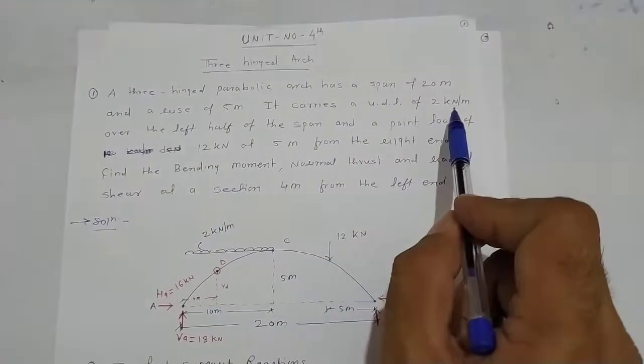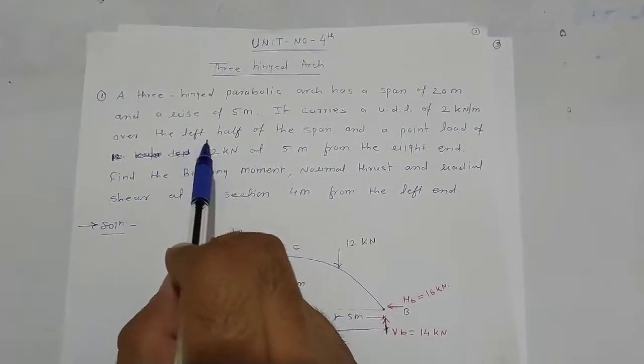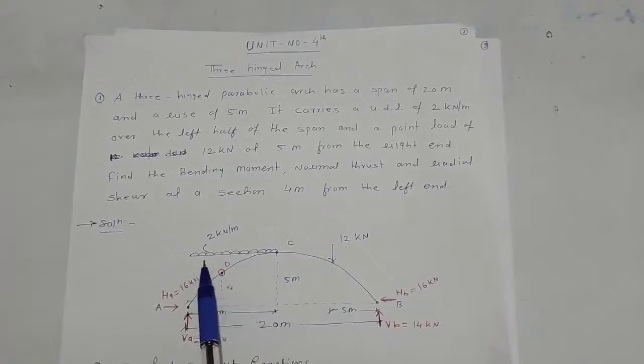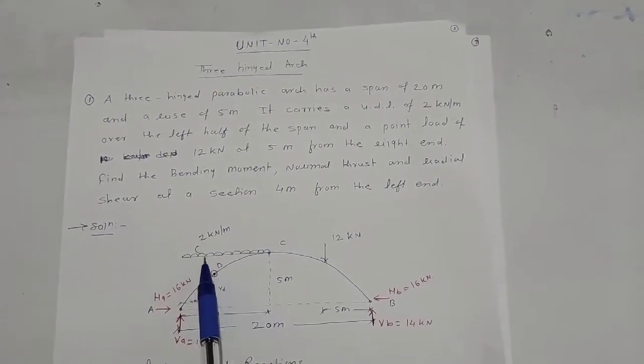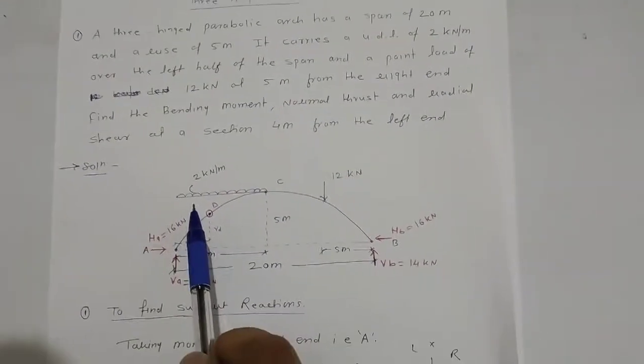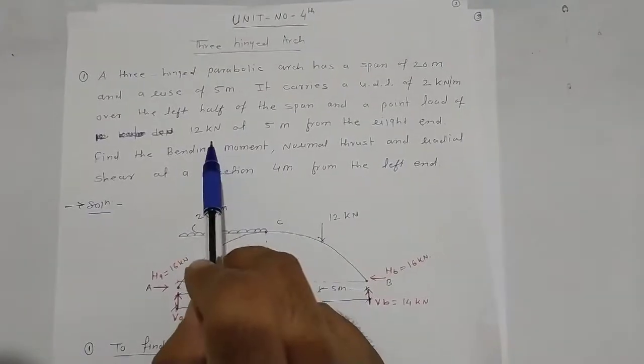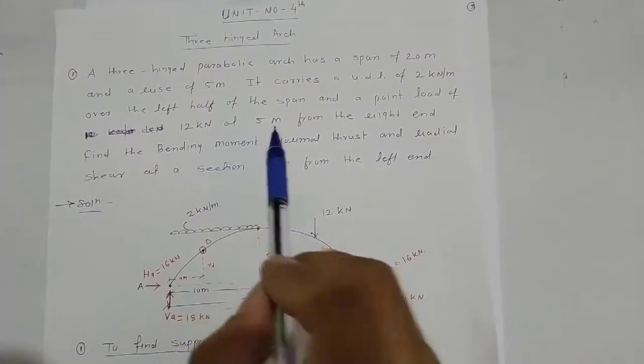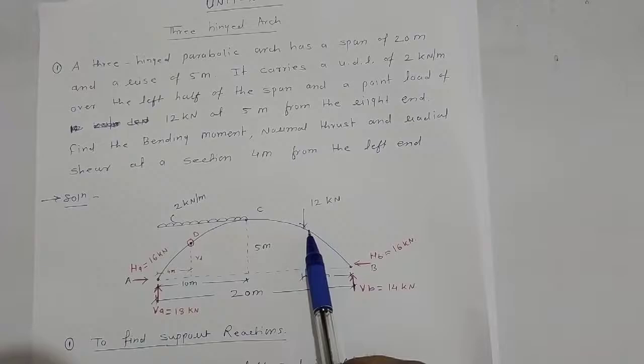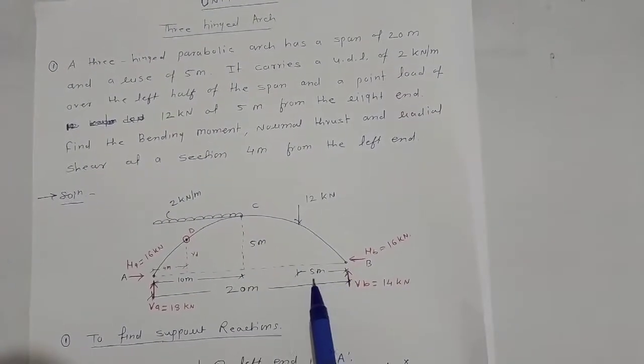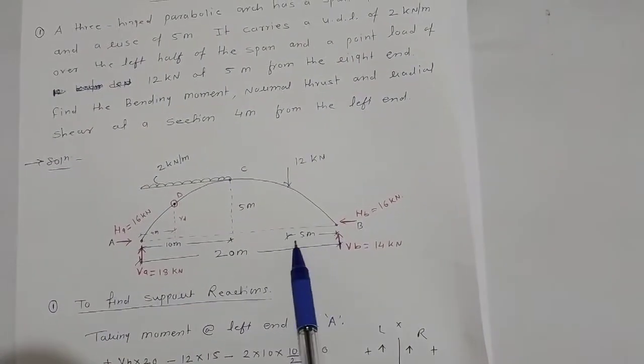It carries a UDL over the left half of the span. So this one is the half UDL which is acting on the left side, and a point load of 12 kilonewton at 5 meter. This is a point load of 12 kilonewton which is acting at a distance of 5 meter from right end.